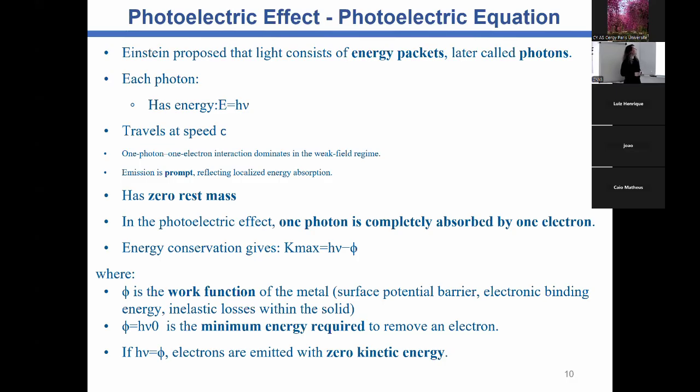and ν is the frequency of the wave that is associated with it, for example, the light. And the photon travels through space with a constant speed c, the speed of light.